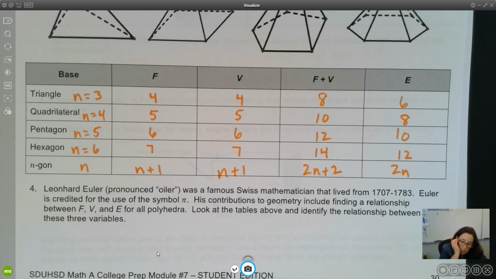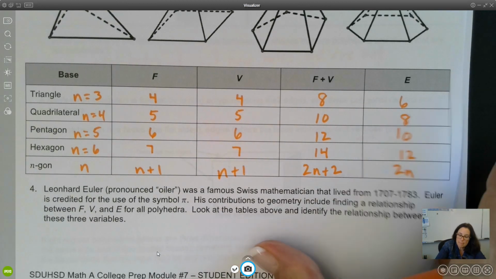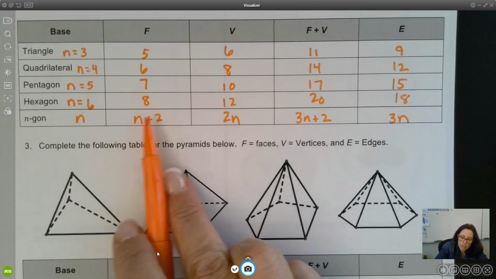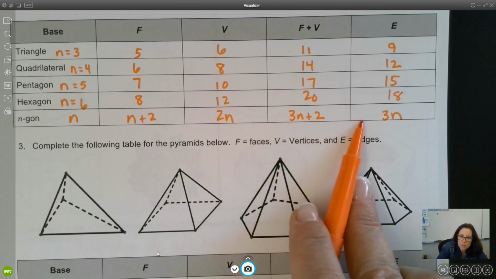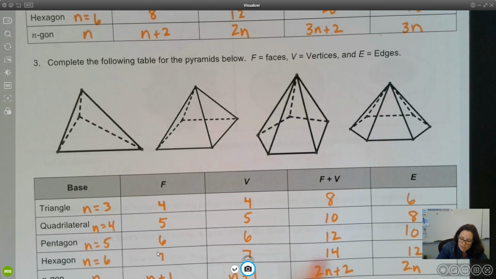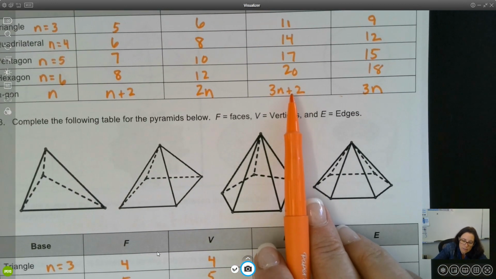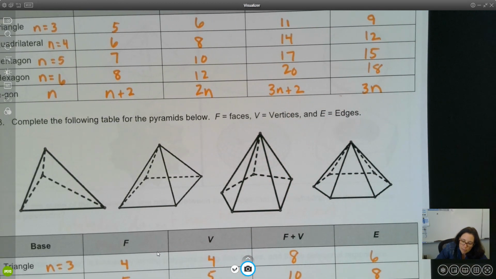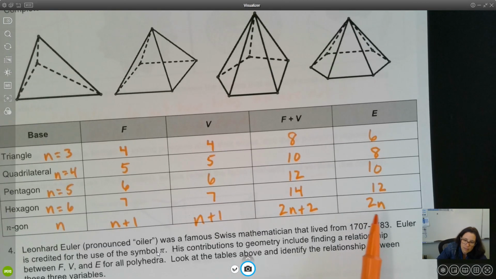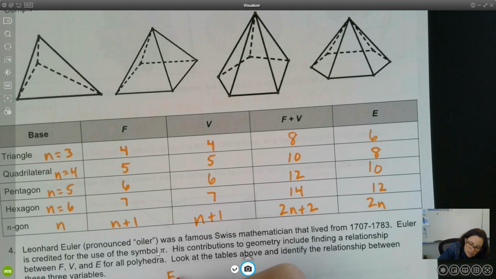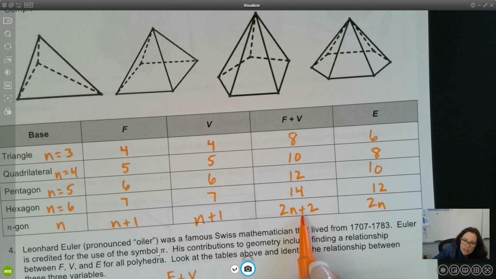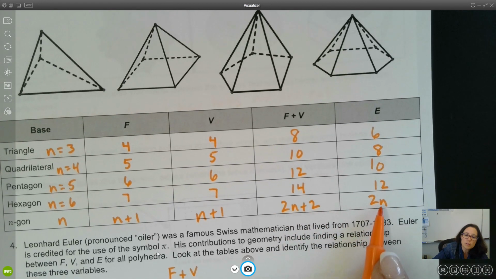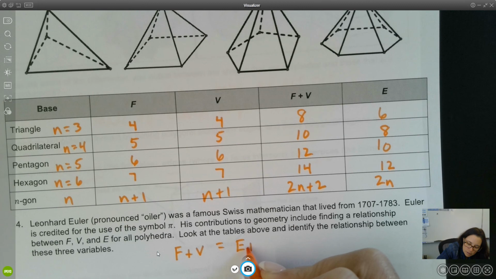All right, so we've looked at the relationship this way, and this way. But what about between the F plus V and the E? Doesn't it make sense that the faces plus the vertices is E plus 2?